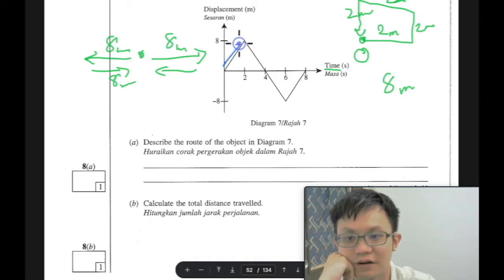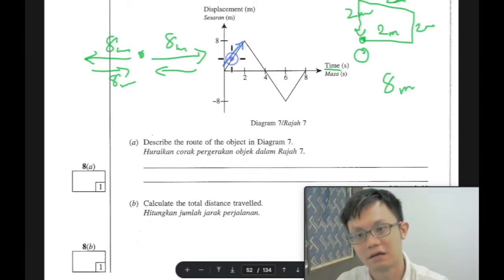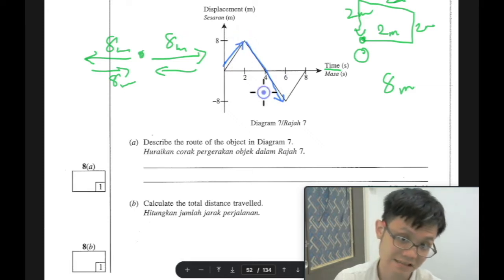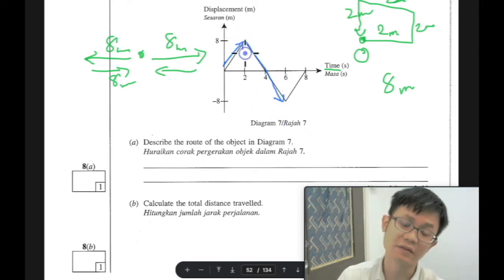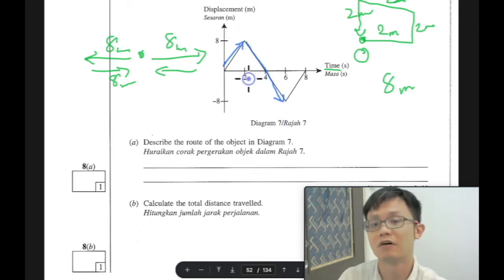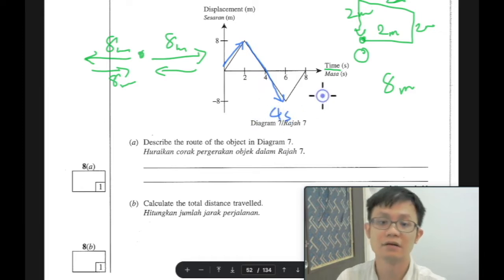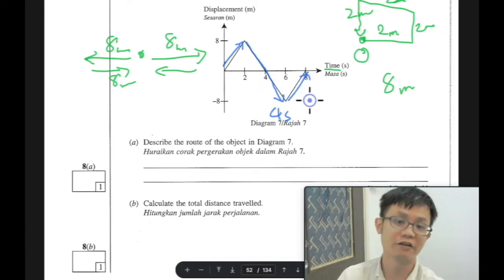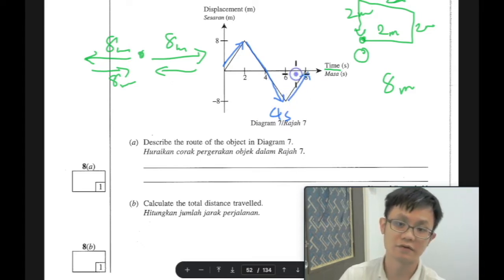Okay, the person travels 8 meter forward in 2 seconds. Then the person travels backward 16 meter for 4 seconds. And then the person again travels forward for how many meter?